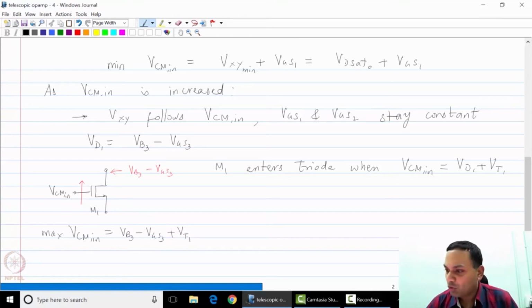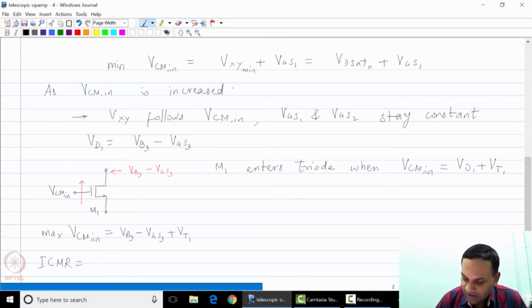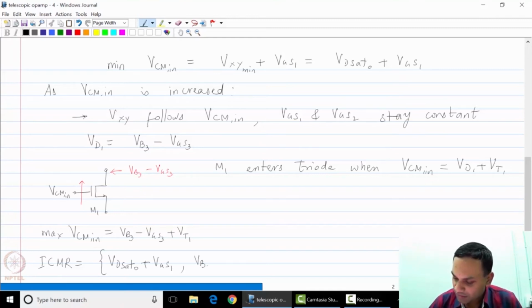So the input common mode range is VDSAT 0 plus VGS1 to VB3 minus VGS3 plus VT1. Please note that the input common mode range is slightly different from that for the one stage op-amp.